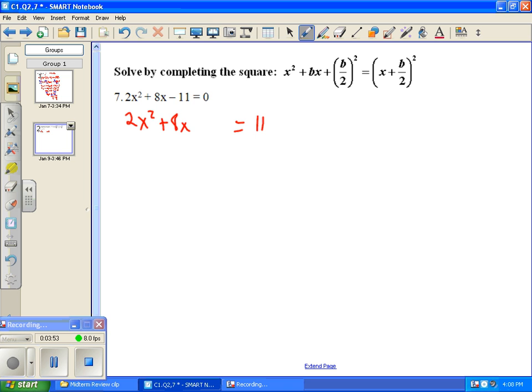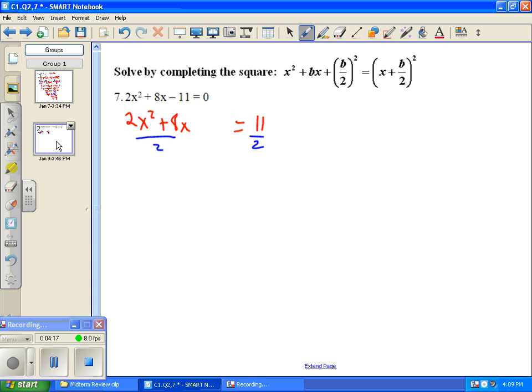Now notice I left a space because we want to complete the square. But one thing we want to do before we complete the square is deal with the 2 in front of the x squared; we only want 1 as a coefficient when we complete the square. So I'm going to divide both sides by 2 to get rid of the 2.